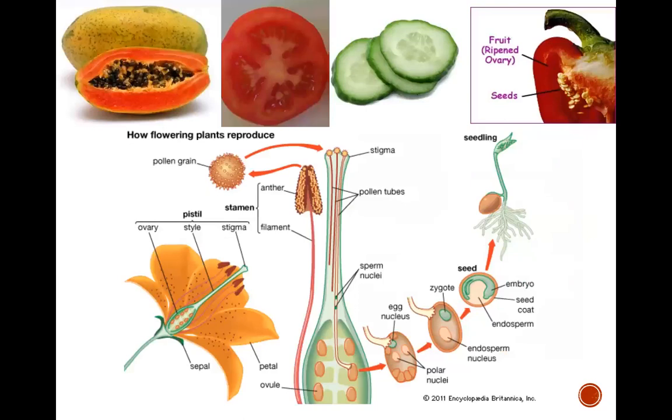So you can see here that this pollination event is taking place, and it's not just one pollen grain having to reach that stigma, it can be many because most fruits have a lot of seeds in them, and each seed is one fertilization event or pollination event. So you can see all these seeds are being formed. Yep. So papaya and tomato and cucumber and pepper, these are all fruits with seeds on the inside.